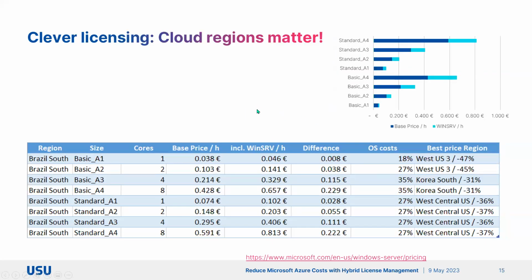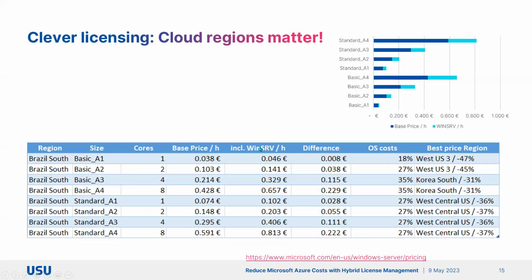Another interesting aspect for optimization or clever licensing, the regions matter. So we looked at Brazil South. You see the same workloads on this slide here. And first of all, we distinguish here base price, which means infrastructure only. If you would use Linux as an operating system, you would only have to pay this here.